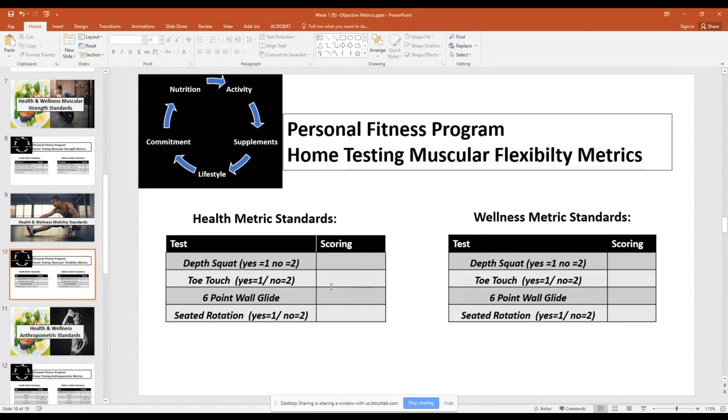The 6th point is you maintain elbow and wrist contact as you slide the hands up and down the wall. So the back of your hand is sliding up and down the wall. Okay? That's the 6-point wall slide. You just indicate how many points are now touching the wall. Can you get 3, 4, 5, or all 6? And just write that in the yellow indicated box on the assessment form, okay?